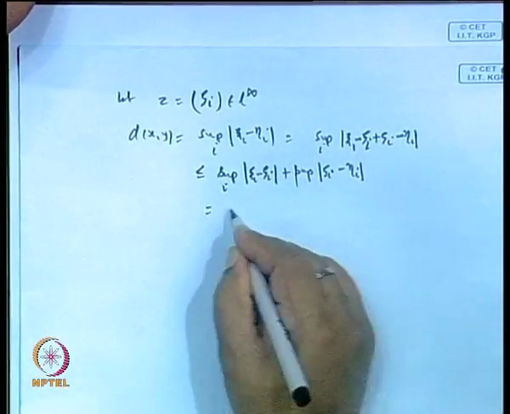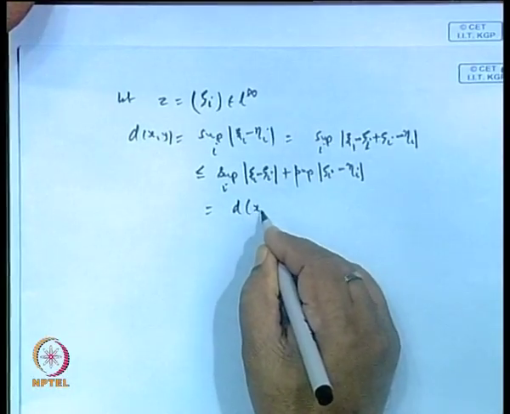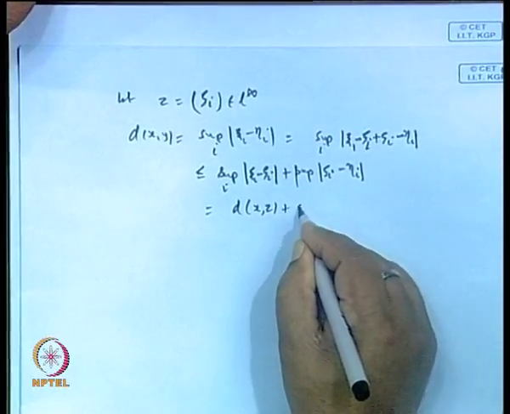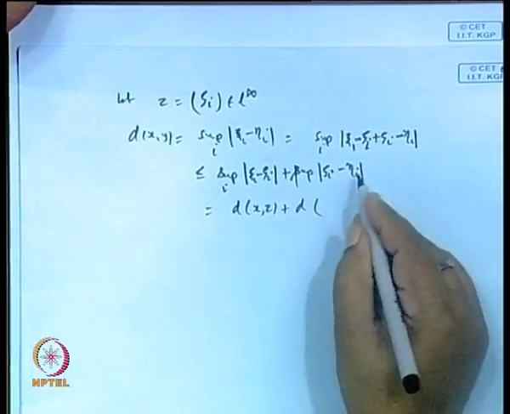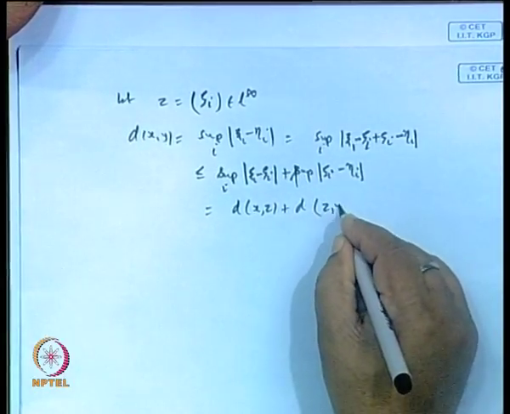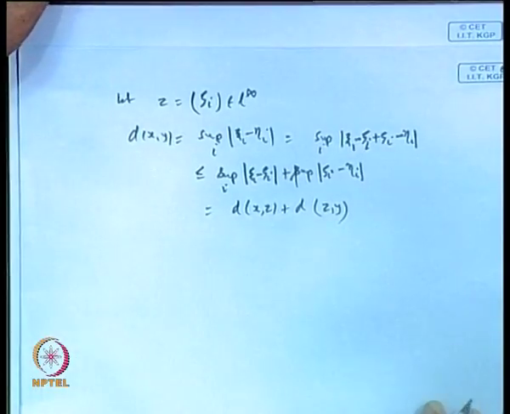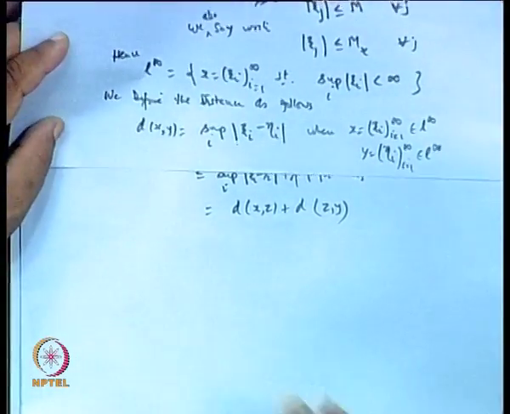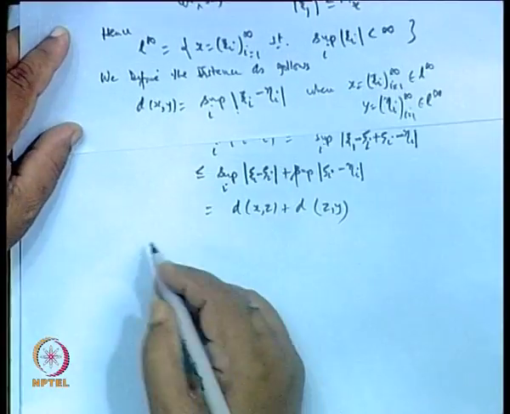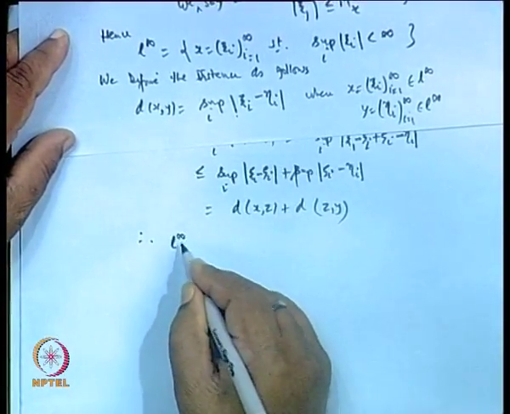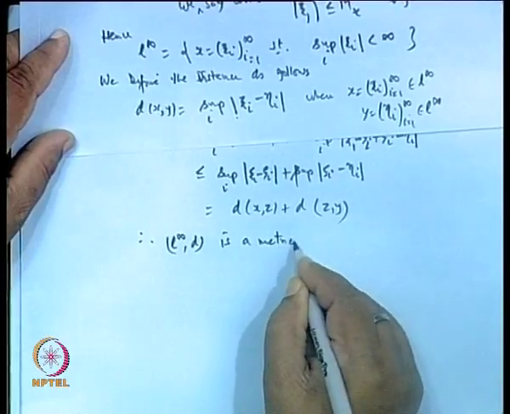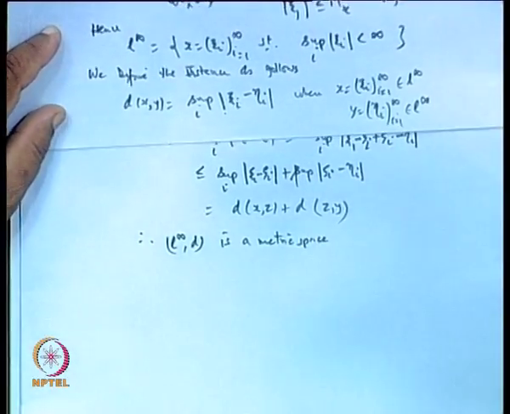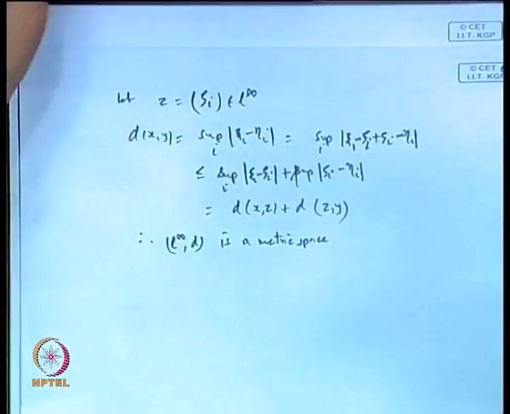Now, this is again d of x, z plus d of z, y. So, the triangle inequality is satisfied by this function. Therefore, l-infinity under this metric d is a metric space.